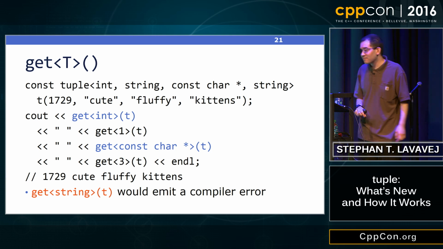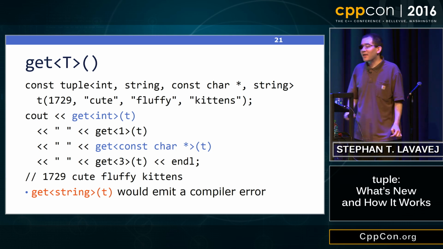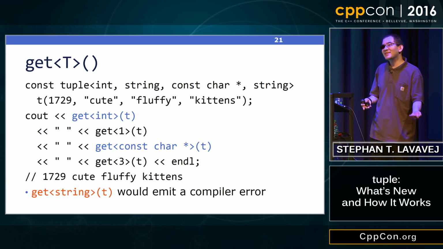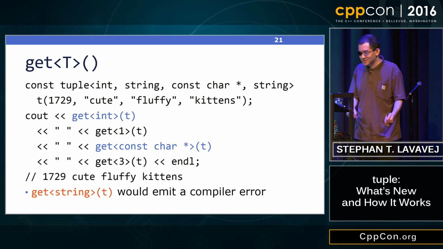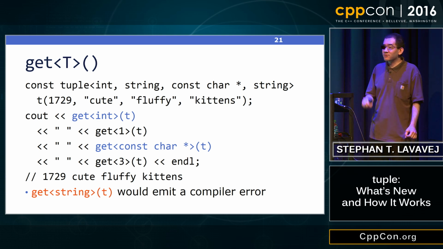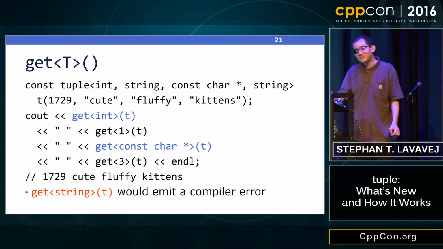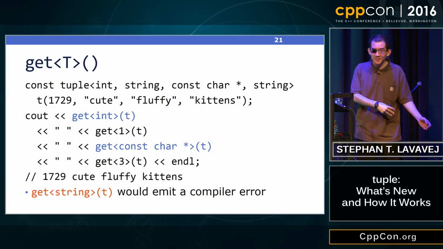So here I've got an example where I've got a tuple of int, std::string, const char star, std::string. And using get by type, I can say get the int data member out of it, get the const char star. I don't know what position it is, but please get it. And this will totally compile in C++14. Now there is a restriction, and the example sort of suggests it. What happens if there's a duplicate?